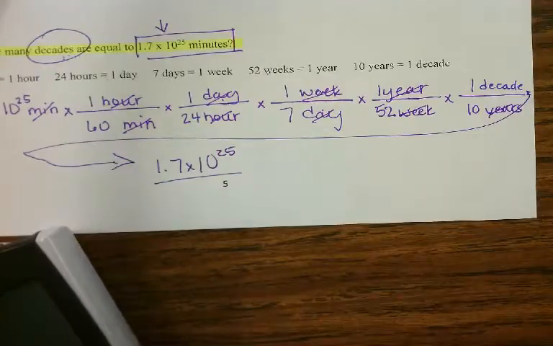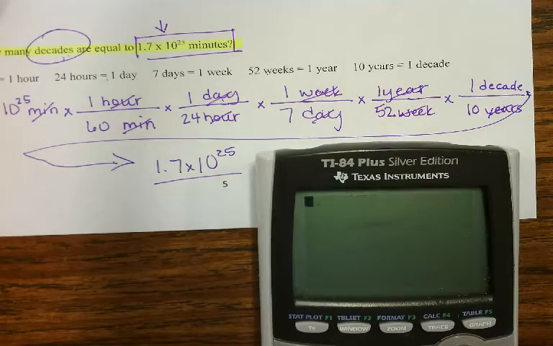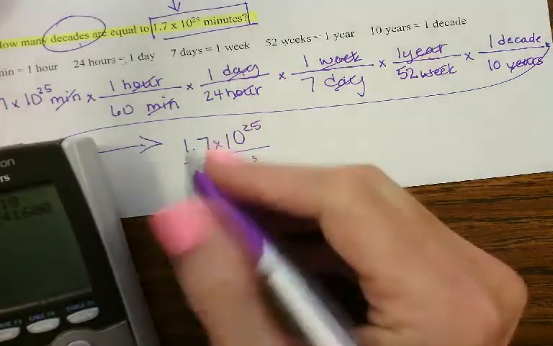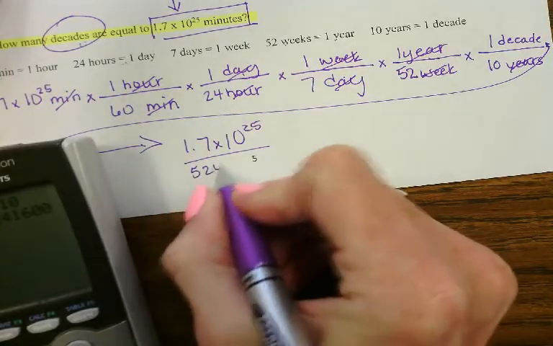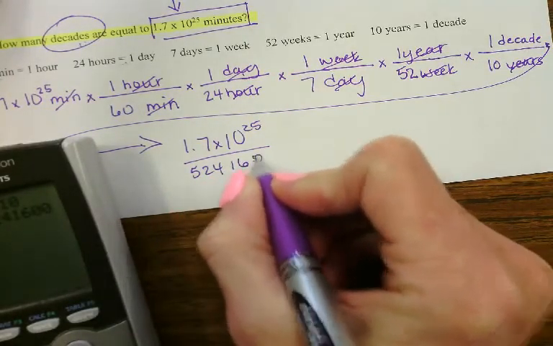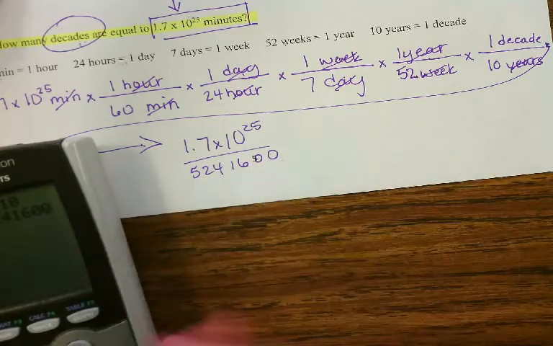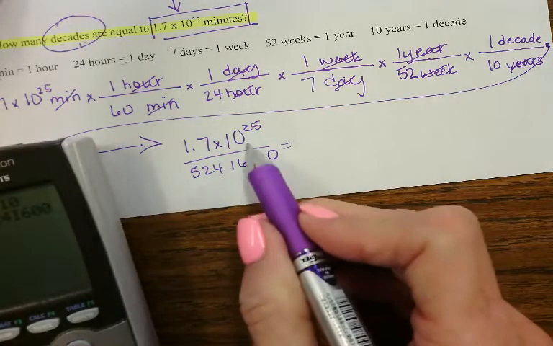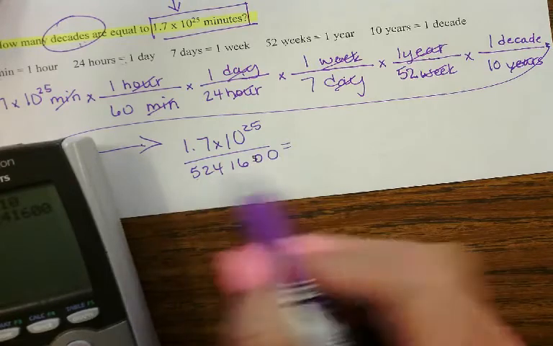Let's see what's in the denominator. 60 times 24 times 7 times 52 times 10. Ooh, that's a big number. 5,241,600 in the denominator.